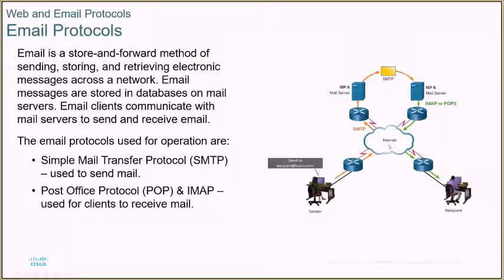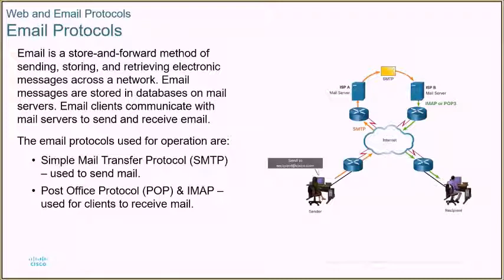That would be a DNS request. Once it knows who it is, of course, it will have its IP address. And again, we'll use SMTP to send that email from the source user's mail server to the destination user's mail server. Once it arrives on that server, it will be stored in the user's mailbox.